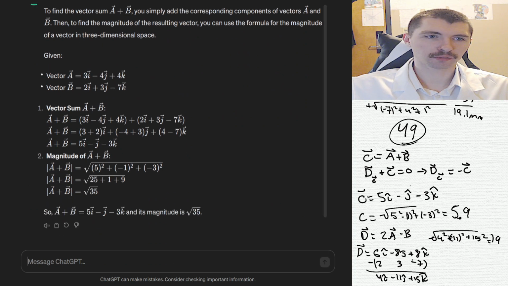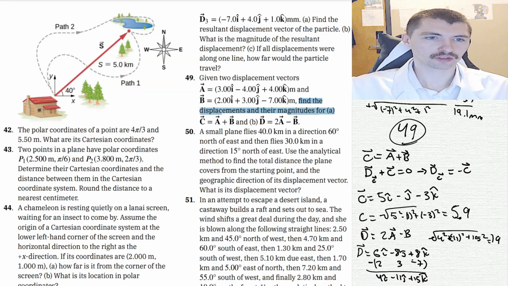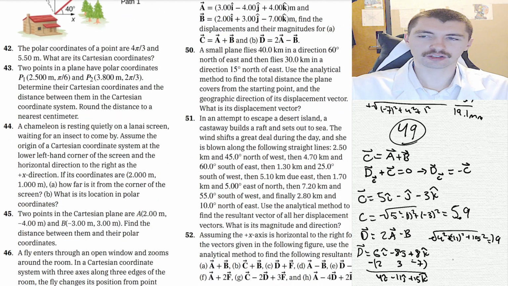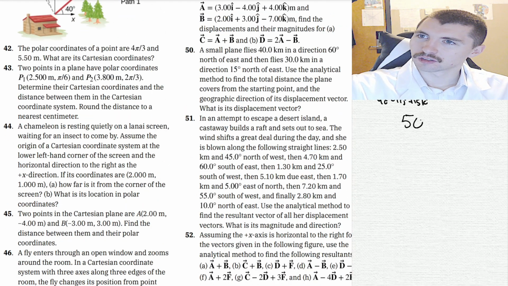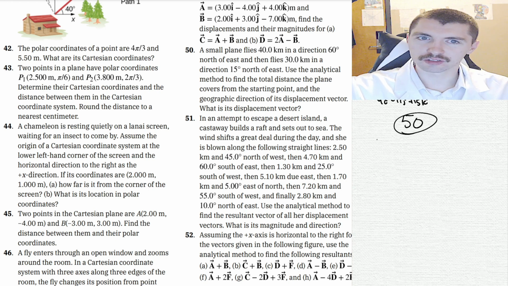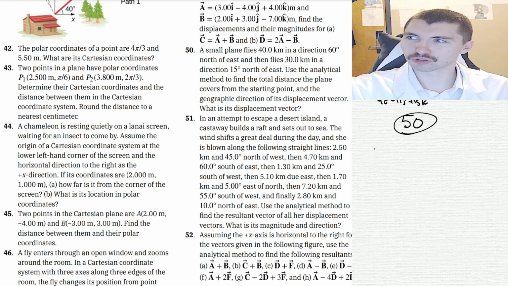So we got 5 minus J minus 3K. And they got square root of 35, which is about 6. 6 times 6 is 36. Okay, so I think we're on the right track. Sometimes you doubt yourself, even if you're doing it right. It's kind of the struggles of learning, I guess.